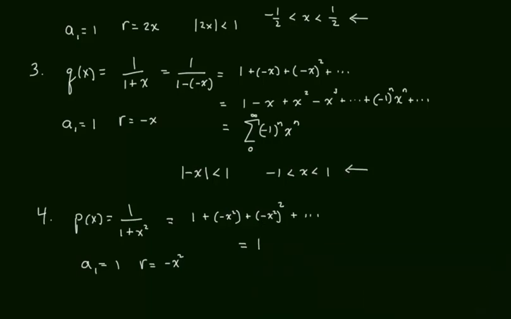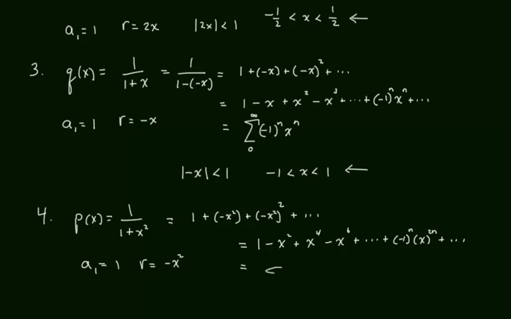So we have 1 minus x squared plus x to the power of 4 minus x to the power of 6 plus dot dot dot plus -1 to the n, alternating indicator, x to the power of 2 to the power of n, so x to the 2n plus dot dot dot.